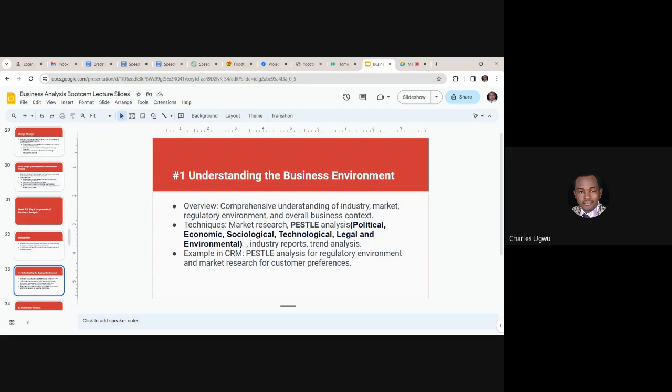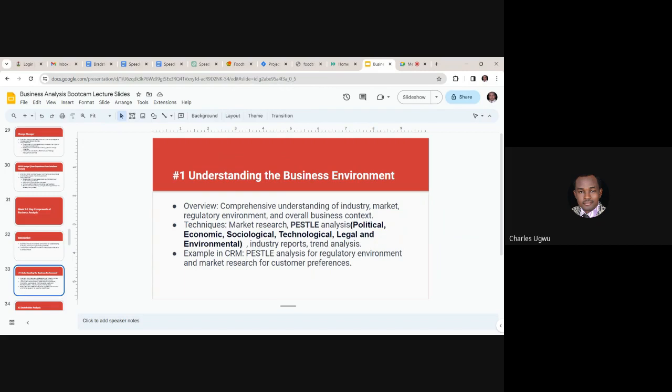That's when I'll start teaching you how to perform these techniques and the tools and technologies involved in performing these techniques within the component. So let's look at the first one, understanding the business environment.